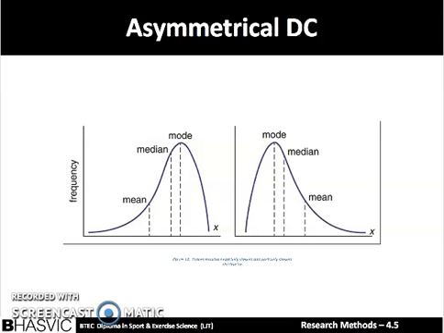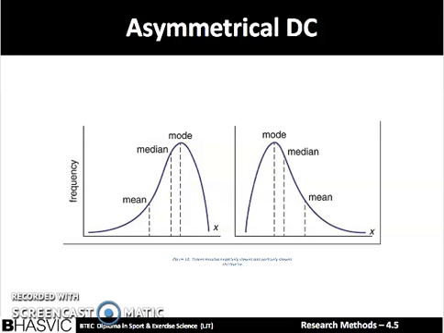So you can see in figure 18 that the distribution curve on the left is a negative skew, and the distribution curve on the right is a positive skew. The negative skew occurs where the mean is further to the left than the median and the mode, and the positive skew shows the opposite of that.